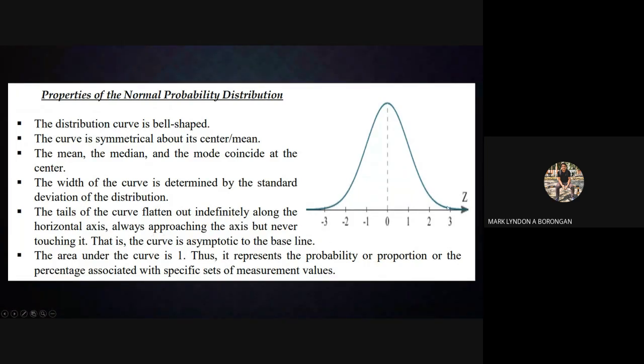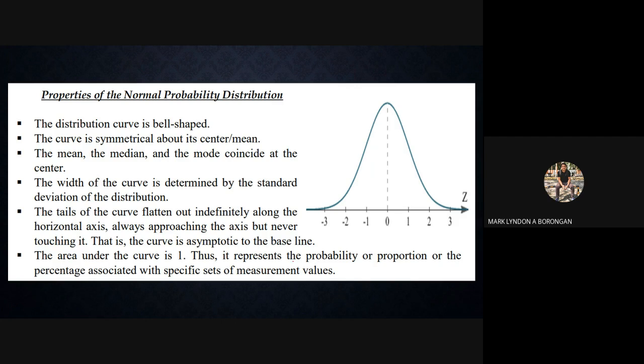So as you can see there, these lines approach the horizontal axis but never touch it. So they have the characteristics of asymptotes. So the curve is asymptotic to the baseline and the area under the curve is 1. Thus, it represents the probability or proportion or the percentage associated with specific sets of measurement values.